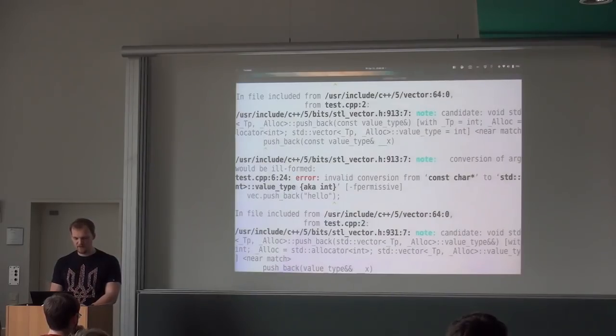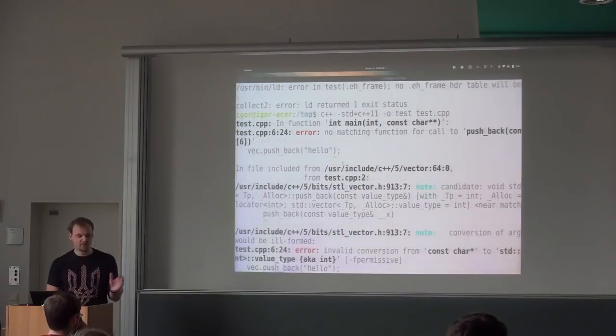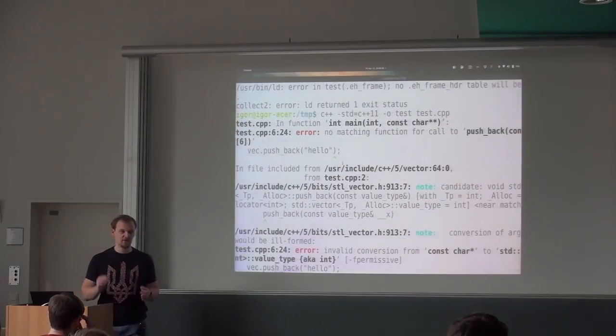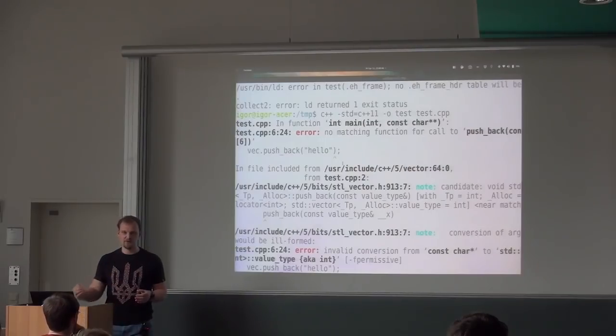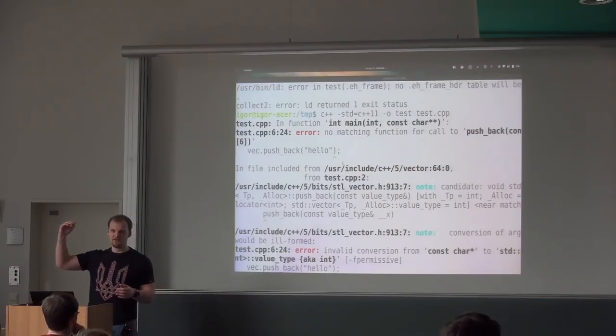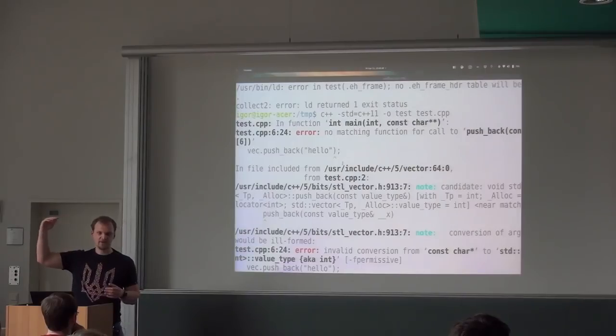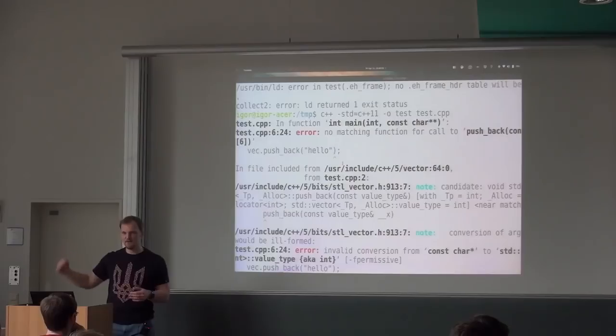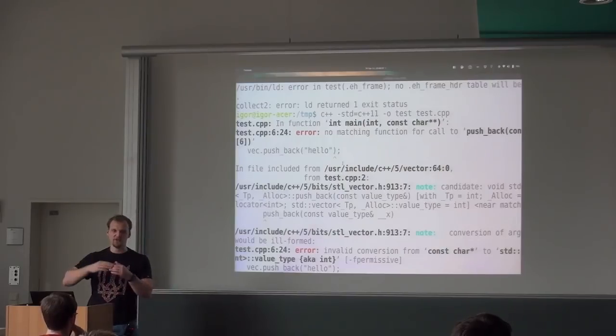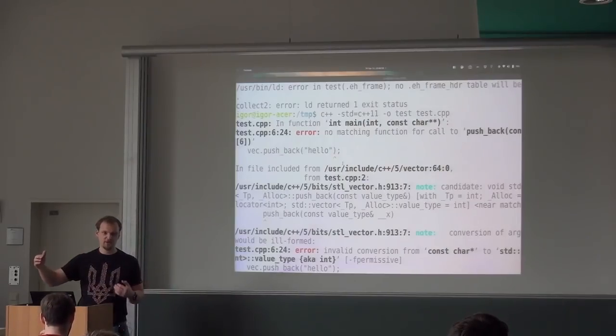So at this point, a really important thing: read errors from the top. Don't start reading errors from the bottom, because the bottom errors are garbage. When the compiler encounters the first error, it will still try to do other things, and these other things will be influenced by the mistakes it has made before. So the first error is the one that you want to solve. Don't try to solve all the errors all the time.